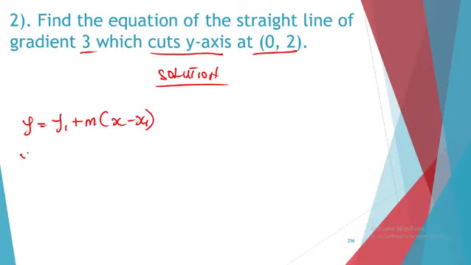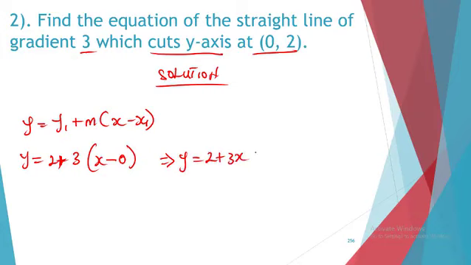So y equals 2 plus 3 into x minus 0. That leads to y equals 2 plus 3x, since 3 times 0 is 0. Our y equals 2 plus 3x, and that's the equation of the straight line.